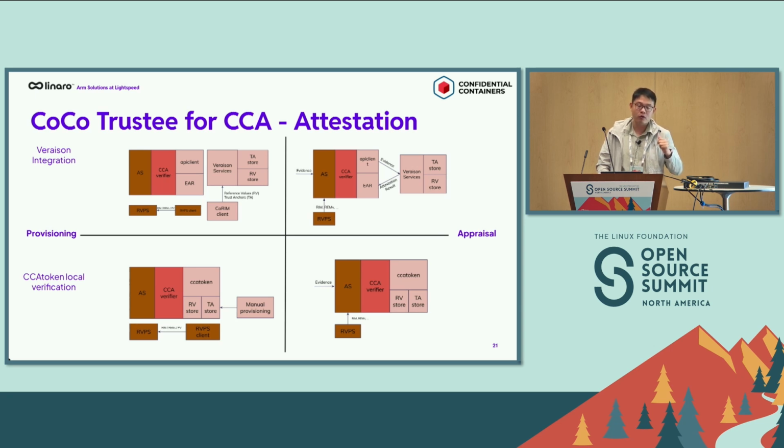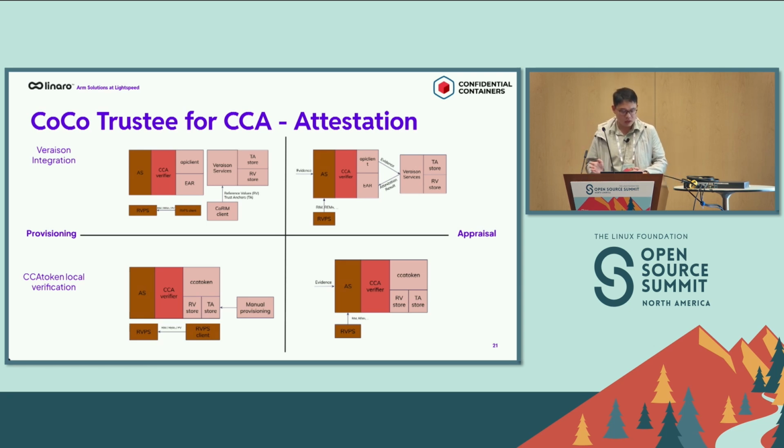This will offload the attestation verification request to the Verizon third-party service. We need to provision any trusted voucher information to Verizon first, and then do the attestation, offloading everything to Verizon and getting the attestation results.